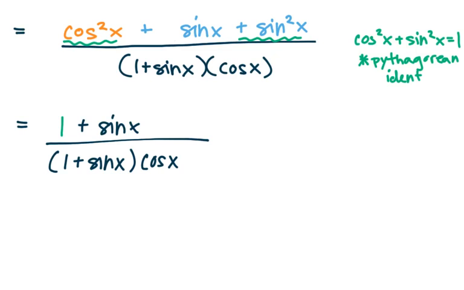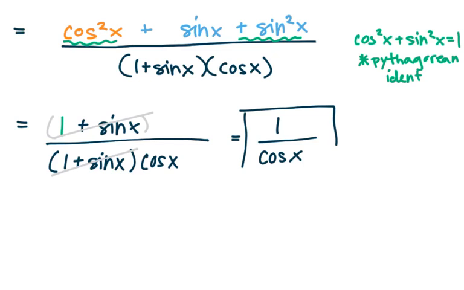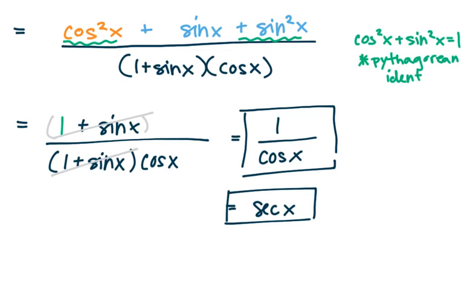So you see now why I encouraged you not to multiply this out, because it's easy for me to see, well, I have 1 plus sine x and I have a times 1 plus sine x in the denominator. So that leaves me with a 1 in the numerator and cosine x in the denominator. And this is fine as your final answer, but I can even write this more compactly. What is 1 over cosine x equal to? By reciprocal identity, it's equal to secant x.